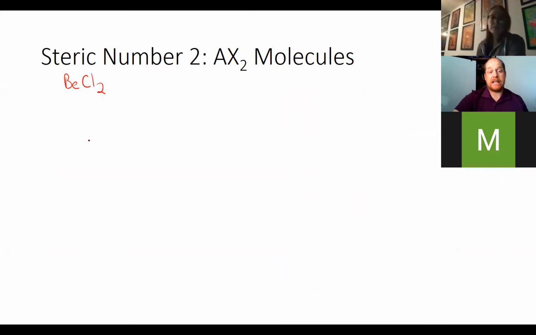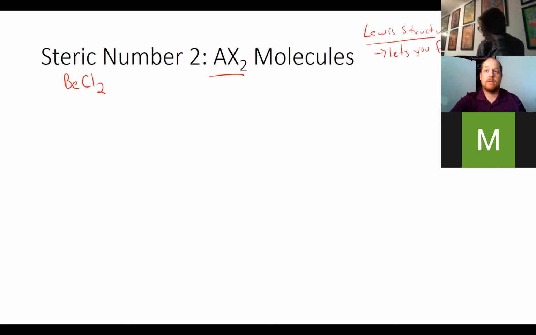Now, the key to understanding how to determine it's an AX2 molecule is we have to draw the Lewis structure. The Lewis structure, though, does not tell us shape. What the Lewis structure allows us to do is figure out the structure, or the VSEPR class, but it's technically not showing you the shape.